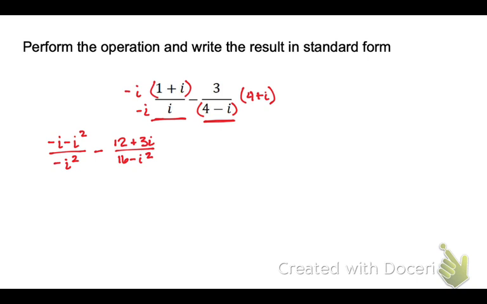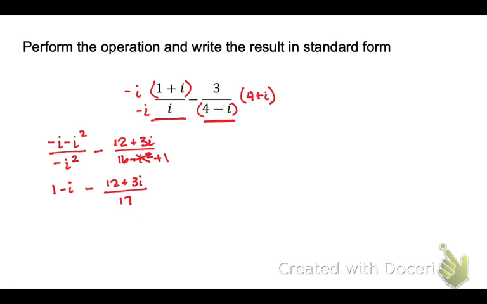Because if I put it in standard form, it's going to be 1 minus i over 1. And then over here, this negative i squared becomes a positive, plus 1. So I have 12 plus 3i over 17.